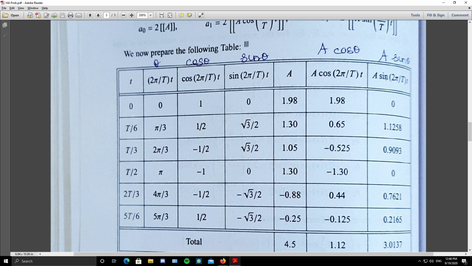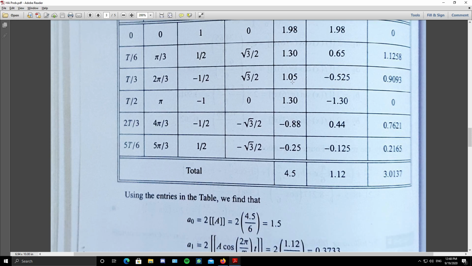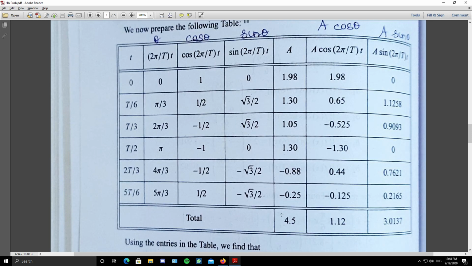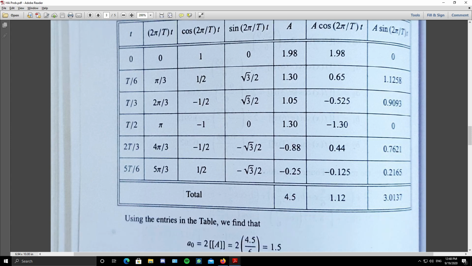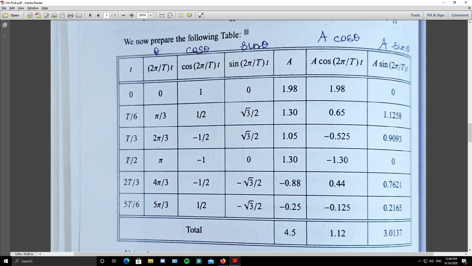You can even write y cos theta, y sin theta, and here you can write y, that is also correct. So what do you need? a0. What is a0? 2 times the mean of f of x. And what is a1? 2 times the mean of A cos theta. And what is b1? 2 times the mean of y sin theta. Capital A or y is the same.